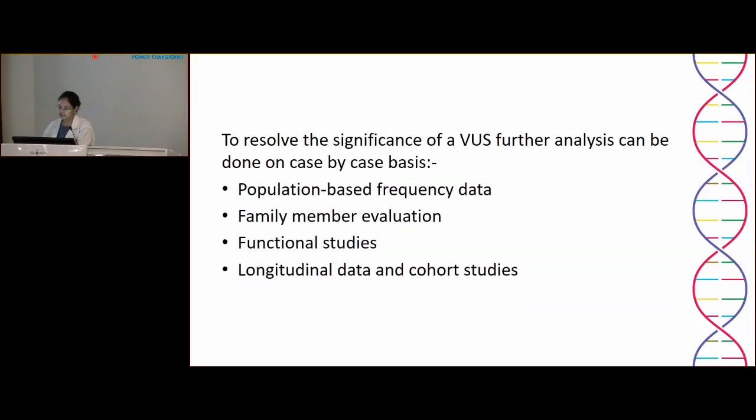So in order to reclassify, multiple steps can be taken. However, for each variant, even for the same gene, it is different. At the first step, one can look at the population database again. While reporting, it is also always considered what is reported in healthy individuals, but again, we can go and check back.